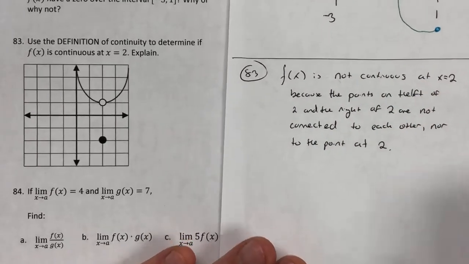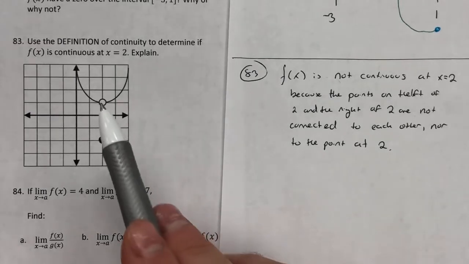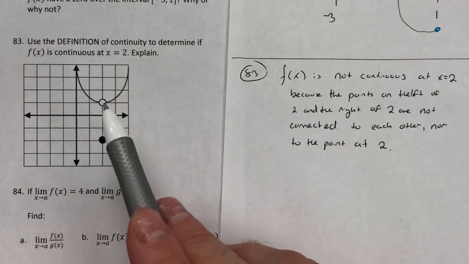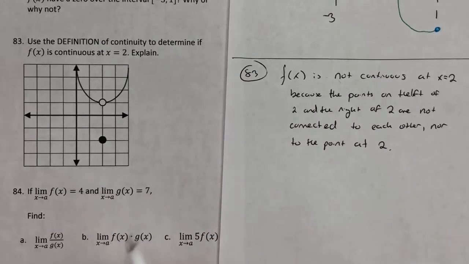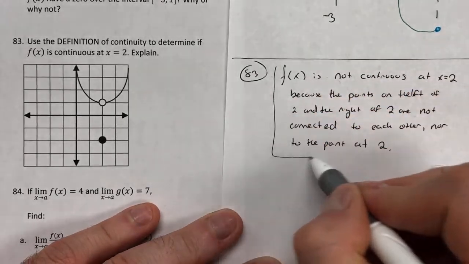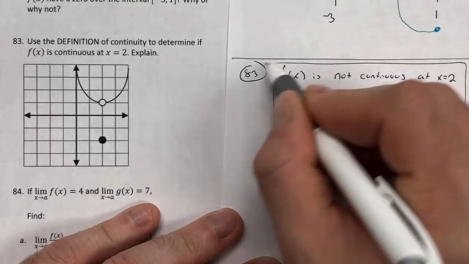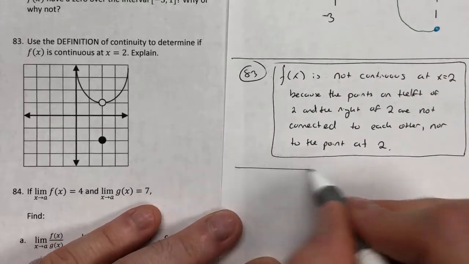So the definition means they must all be connected. The points to the left and to the right aren't connected to each other because there's that small, small, small gap, and they're not connected to this point. So I think that's a very safe, very good definition of what's going on here.